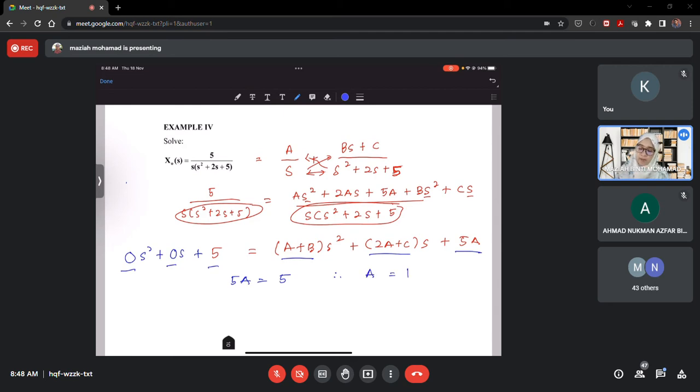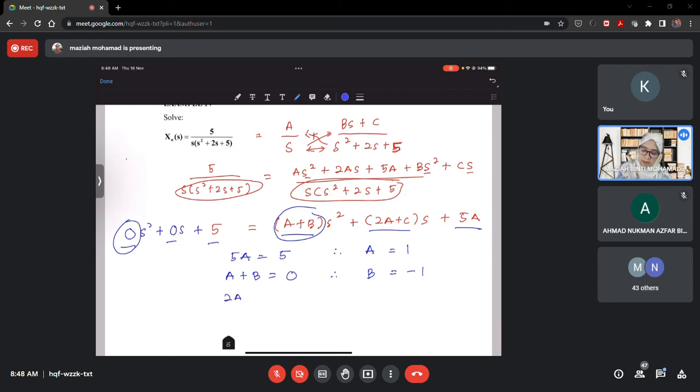Then A plus B equal to 0, and since A is known, we get B equal to minus 1. And the last one is 2A plus C equal to 0. A is already known, 1, so C is minus 2.